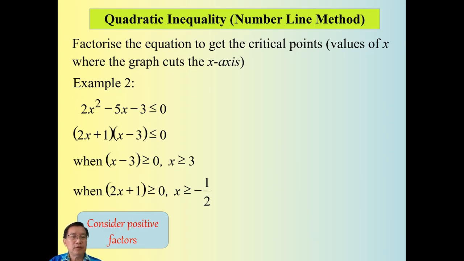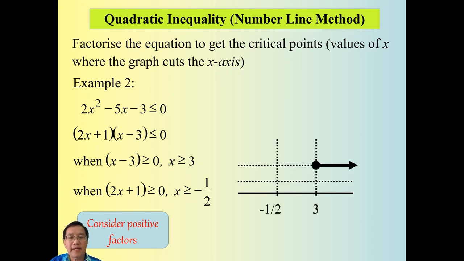Example number 2. This example is very similar to example number 1. The only thing is the inequality sign has been reversed. The steps are the same as in example number 1, whereby we consider only positive factors. The number line is still the same for x greater than or equal to 3, and then x greater than or equal to negative half, positive, solid line, negative, dotted line.